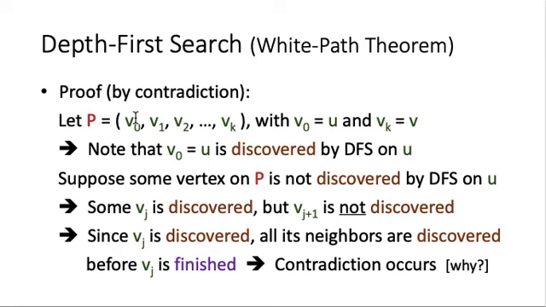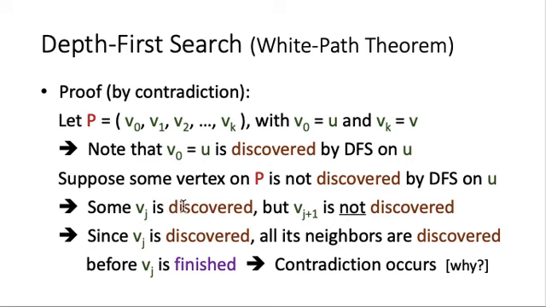But then we try to show that there is some node on this path that is not discovered by the DFS on U. Because the starting vertex is discovered, if this happens, there must be some node undiscovered, and then we can find the first node on this path that is not discovered. So we let Vj+1 be such a node which is not discovered, but the node before it, Vj, is discovered. So this must occur.